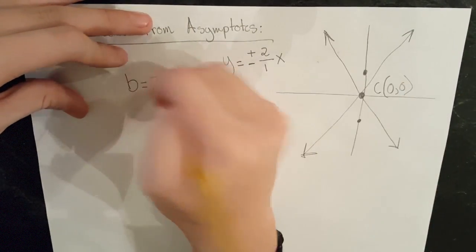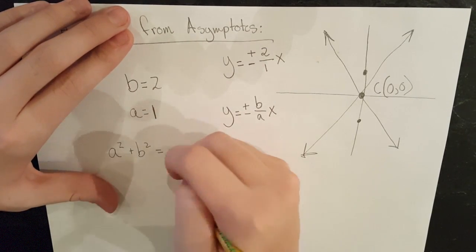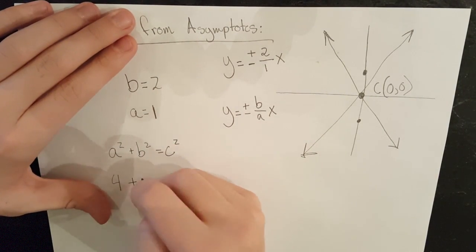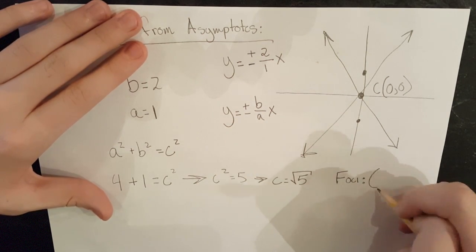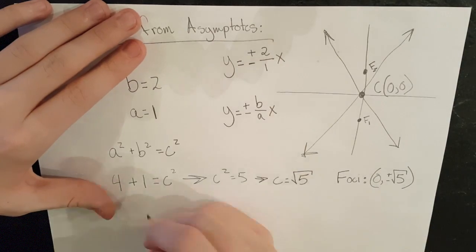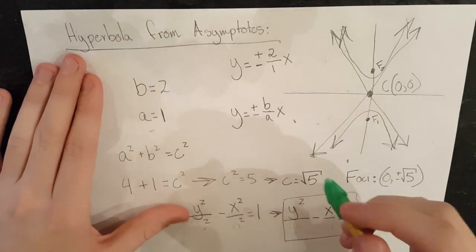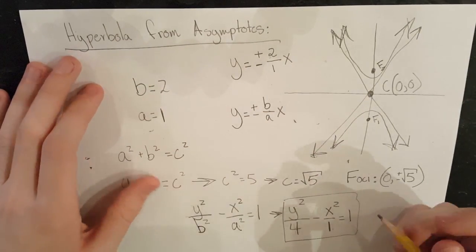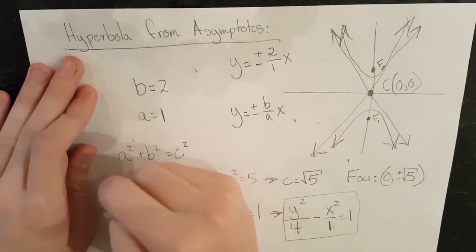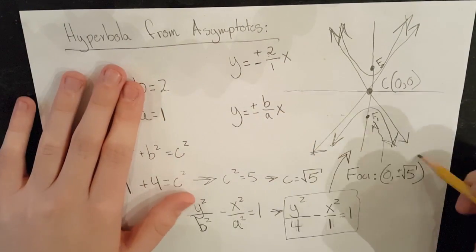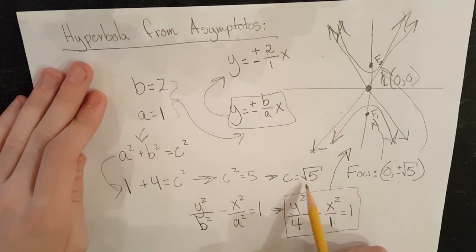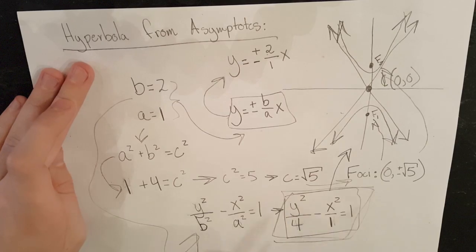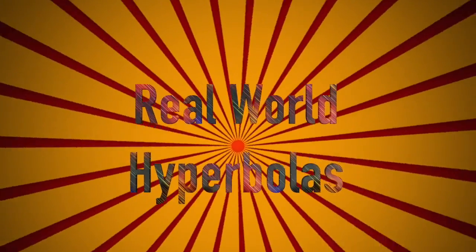Since you can derive the value of c from the equation a squared plus b squared equals c squared, you know that the value of c, or the distance from your center to your focal points, is root 5, meaning your foci will be at 0, plus or minus root 5, and your equation is y squared over 4 minus x squared over 1 equals 1, because your equation is y squared over b squared minus x squared over a squared equals 1. Here are some real-world examples of hyperbolas.